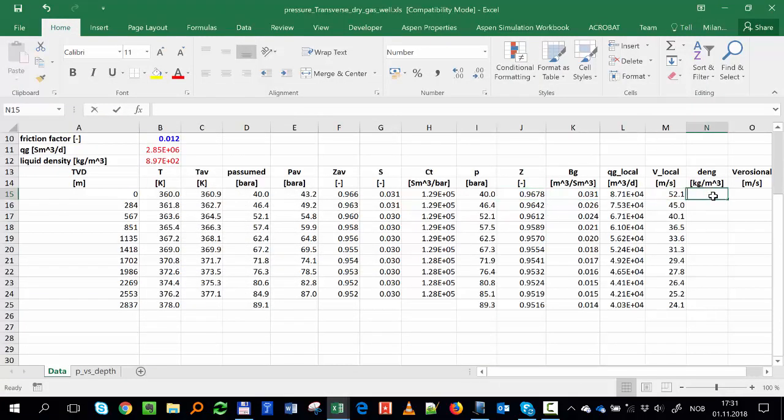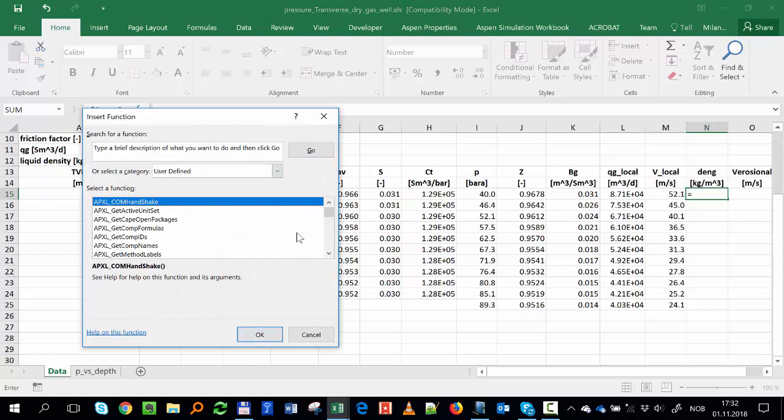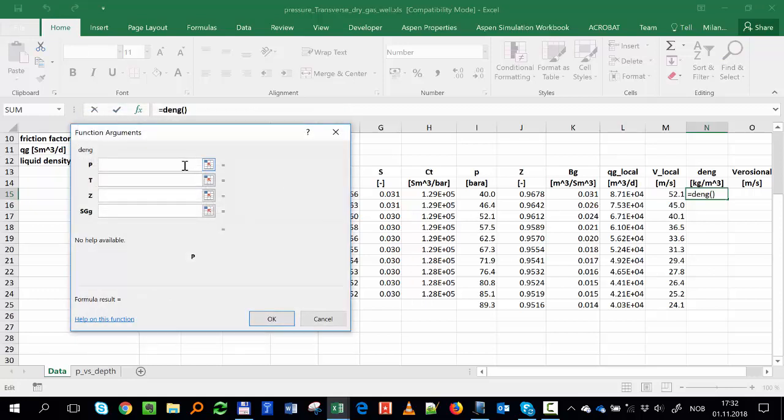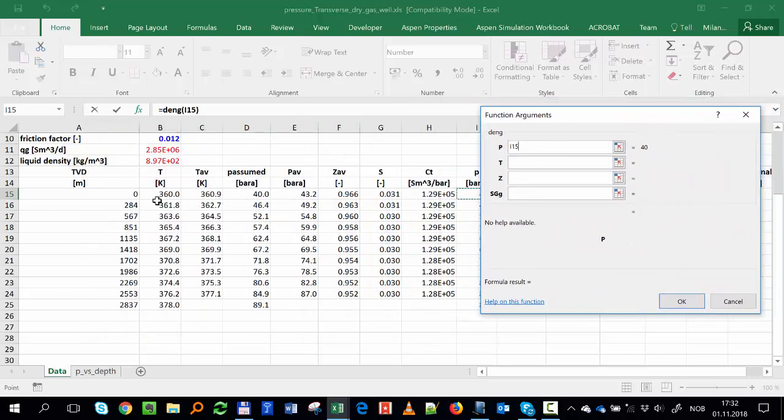Density, so I call it here, function, user defined, and it was called D density. The pressure in bar, I don't have to make any change.